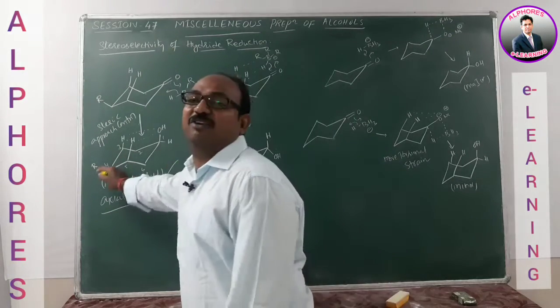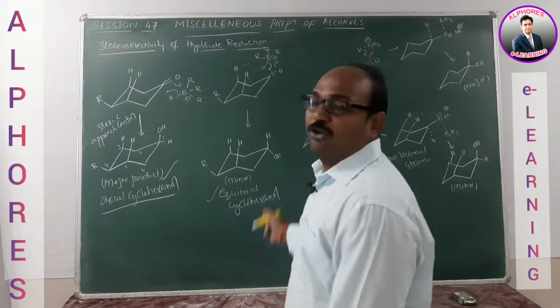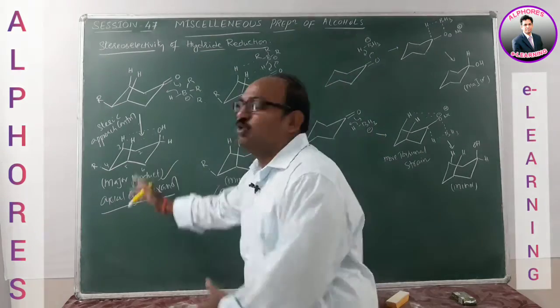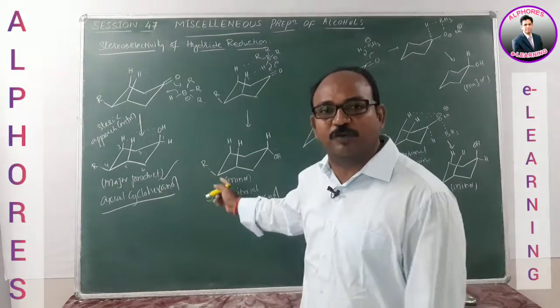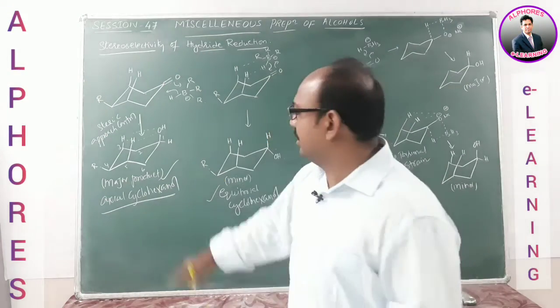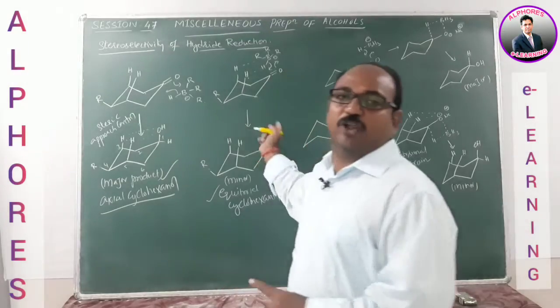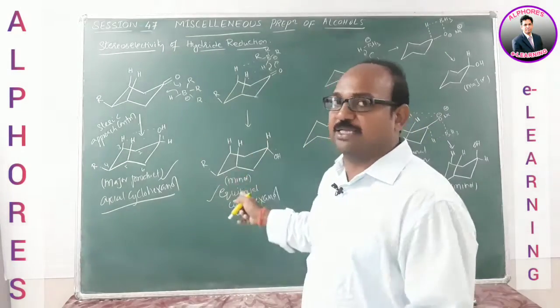Here axial and equatorial products, obviously these two products are what we call diastereomers. Both axial and equatorial, these two are diastereomers.